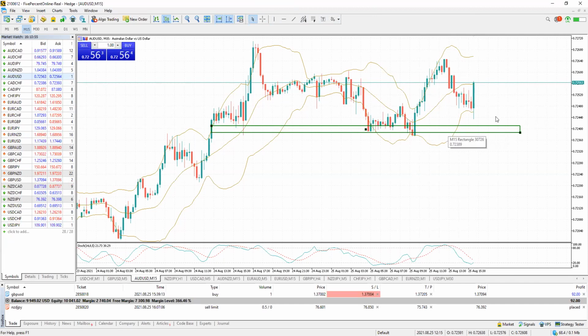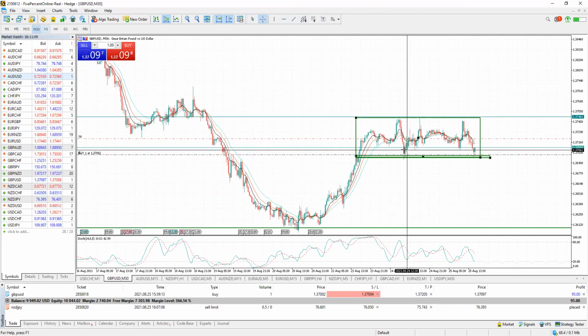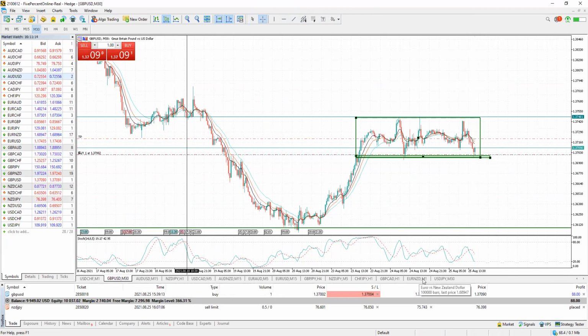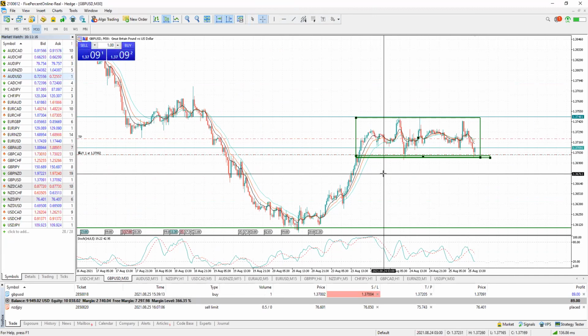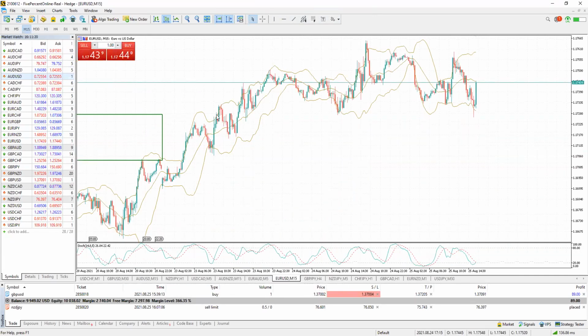But actually the dollar is moving, so that's why. This is explaining why the Australian dollar is increasing, only because of this level in the GBPUSD. And on the euro dollar it will be kind of the same. Actually, there is not a lot of big move. Yeah, it's kind of the same here.